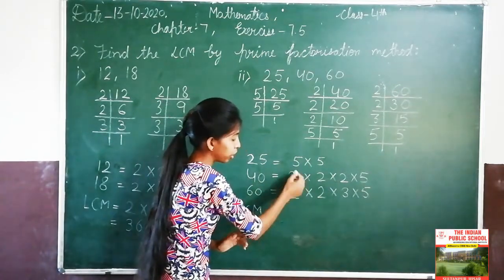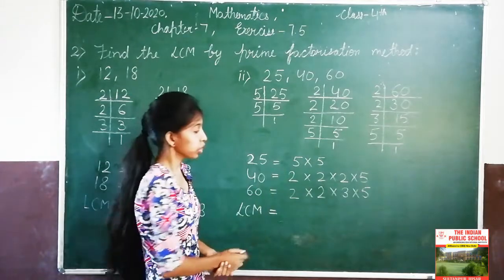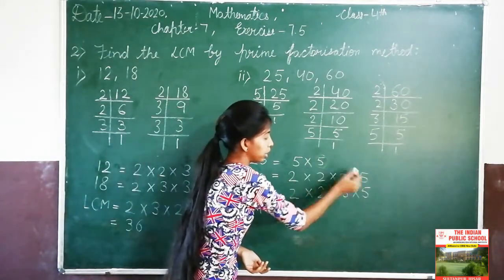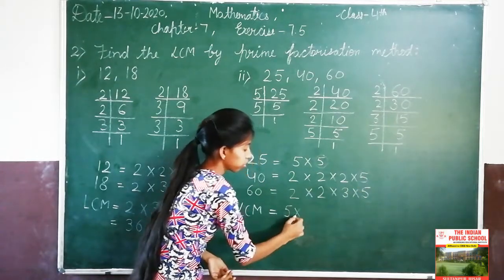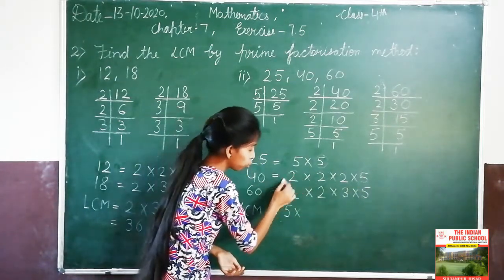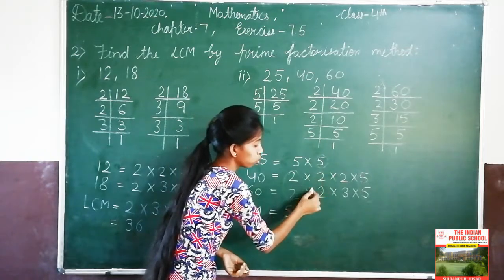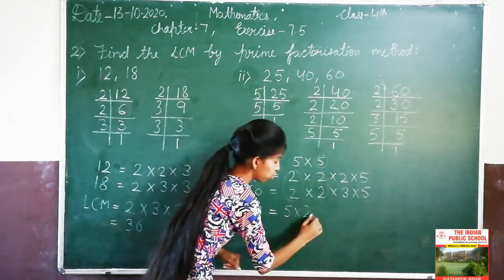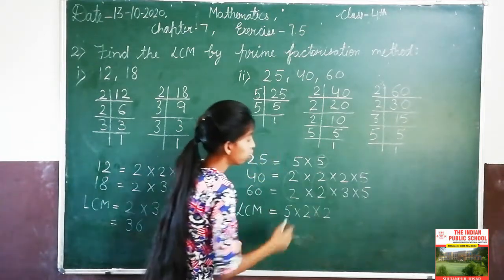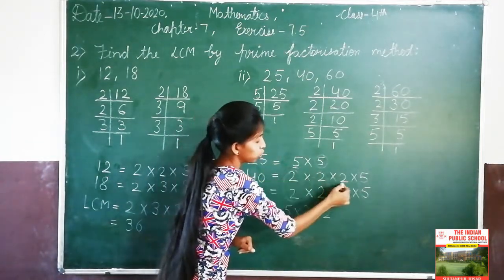Firstly, 5 is common in all the 3 numbers, so we will take 5. After that, 2 is common in just two of them, but it is the lowest, so we will take it also. Now, the rest are 5, 2 and 3.